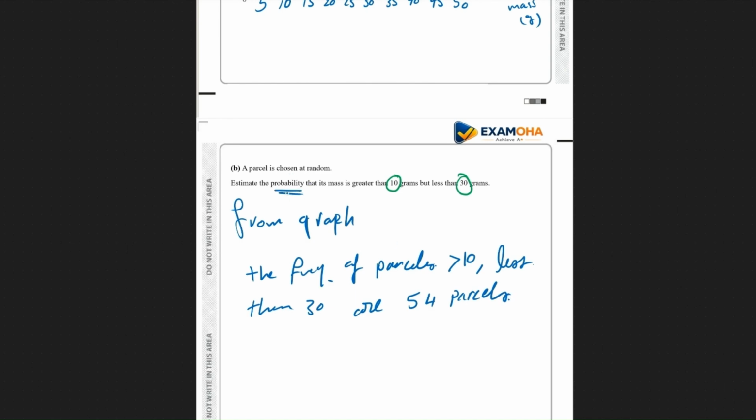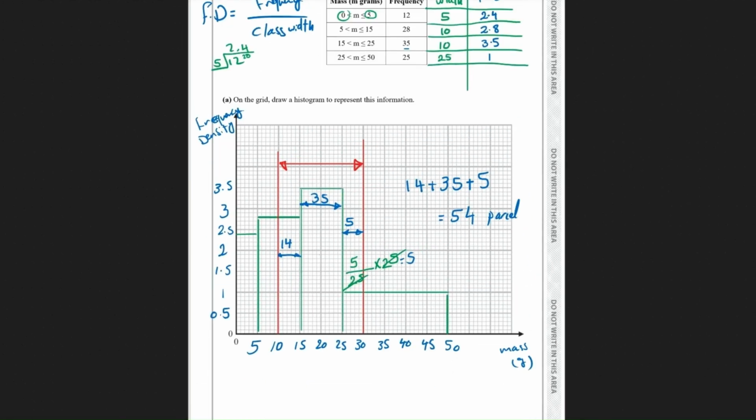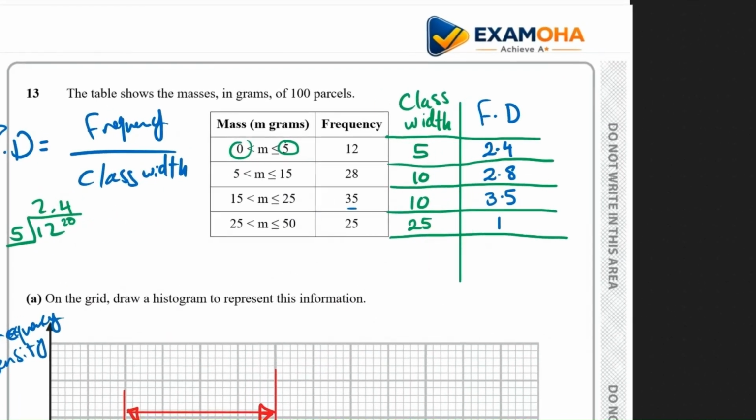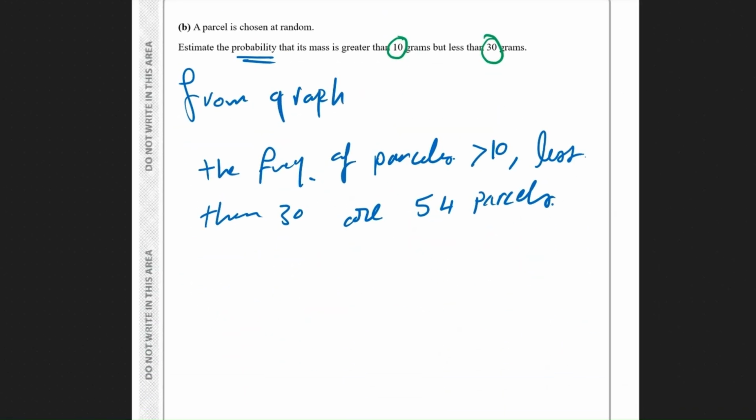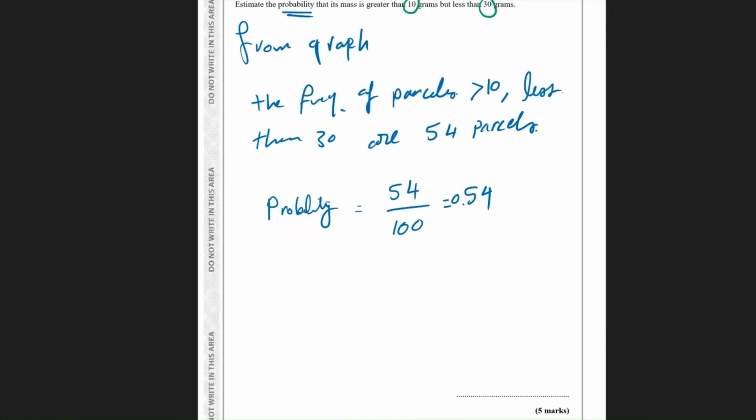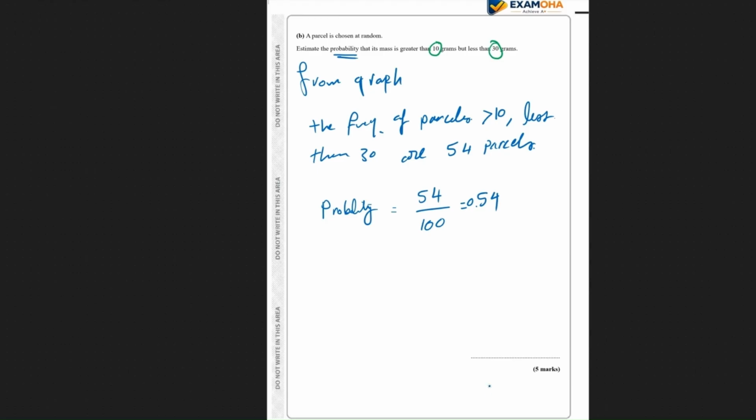And the probability usually we say 54 out of the total, and the total is 100 parcels, as you can see here in the question. It's 100 parcels. So in order to calculate the probability, we use 54, the probability equals 54 divided by 100, which is equal to 0.54. So the final answer now is 0.54.